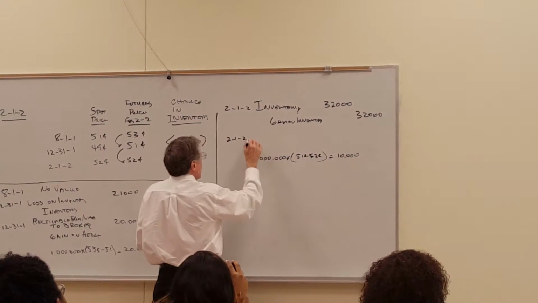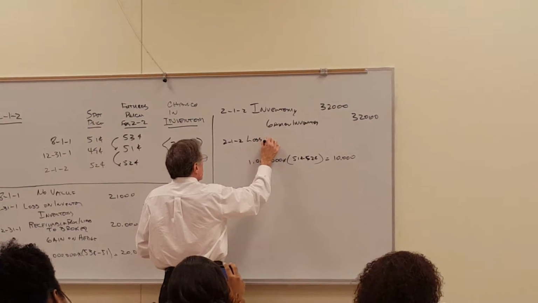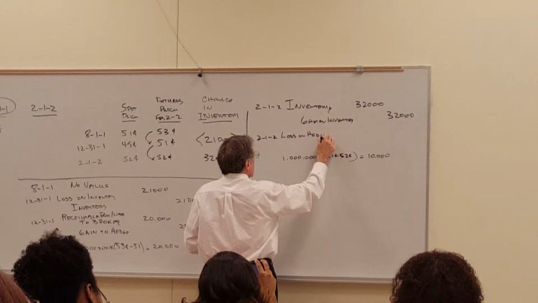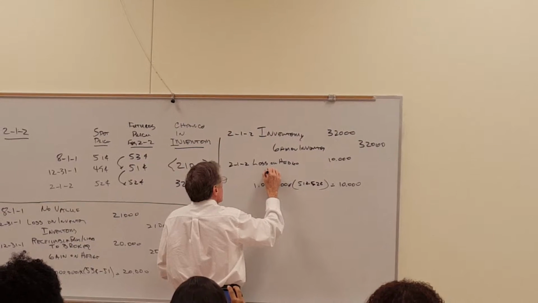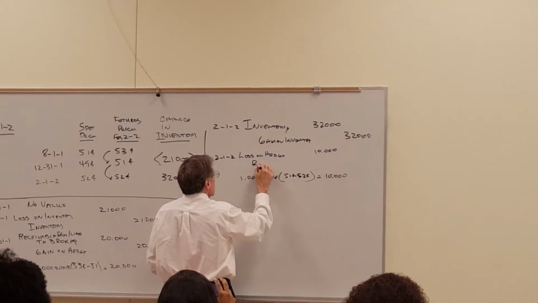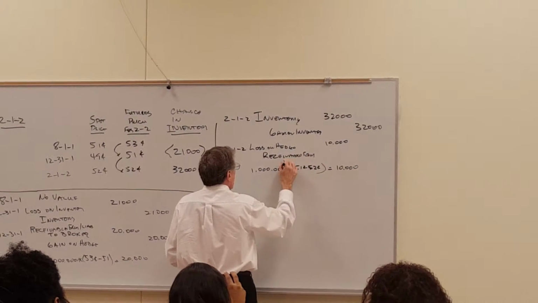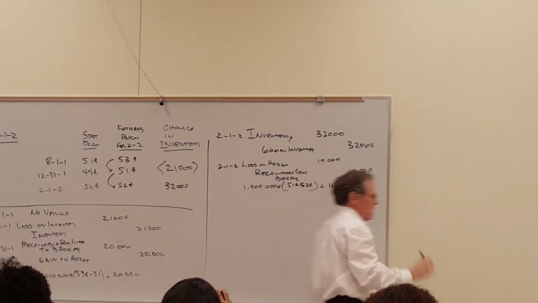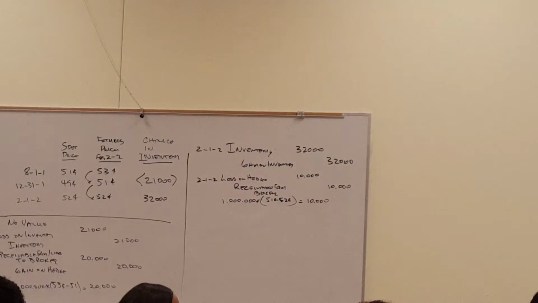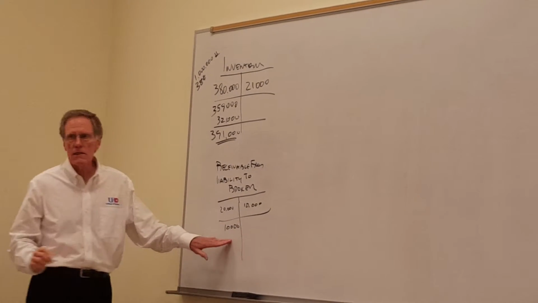So we had a loss on hedge of $10,000 and a receivable from broker of $10,000. So now we have $10,000 coming in over here. So the net amount that the broker owes us is $10,000.